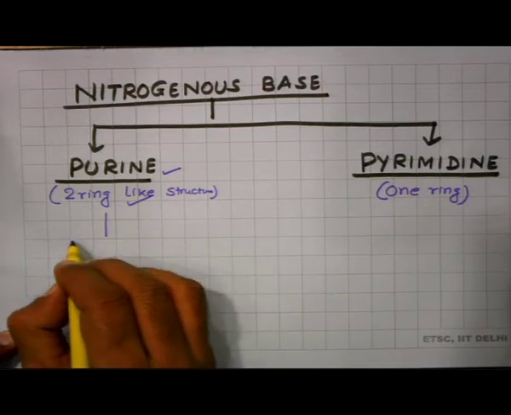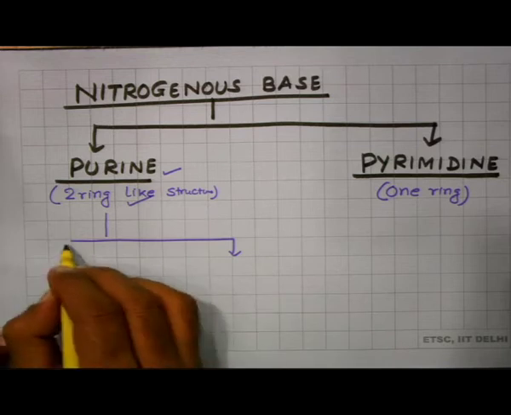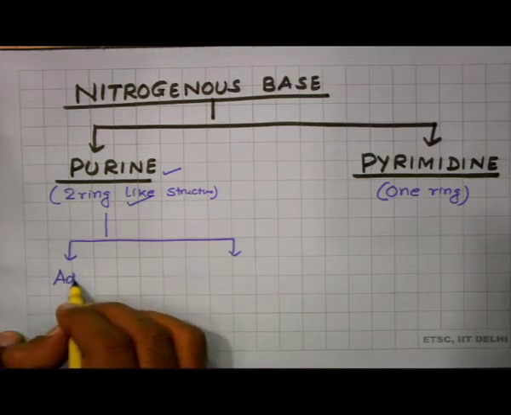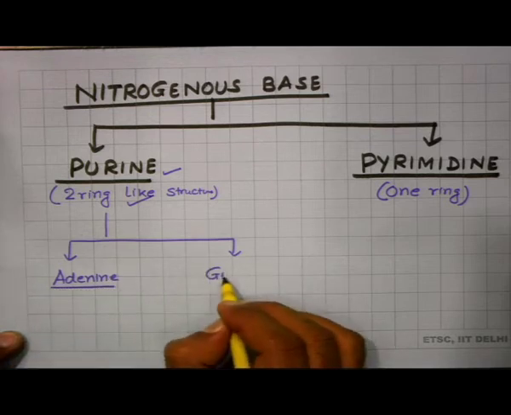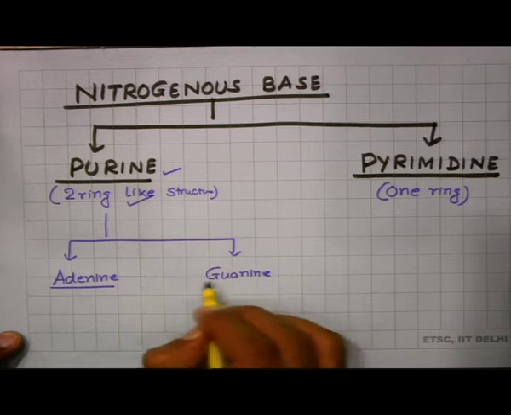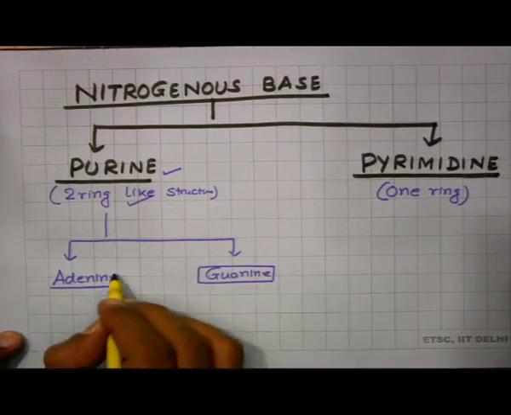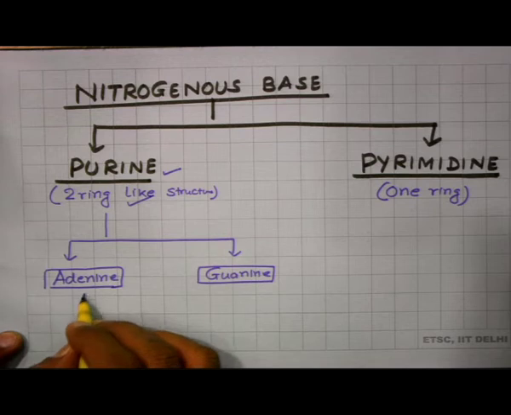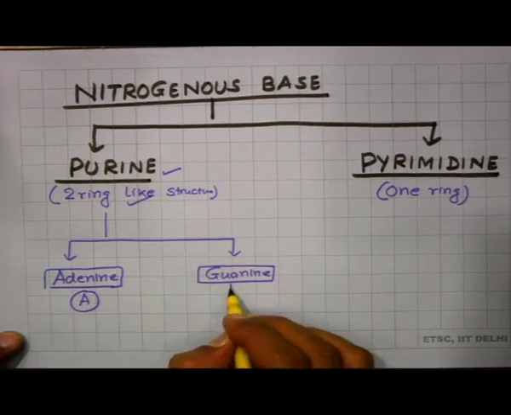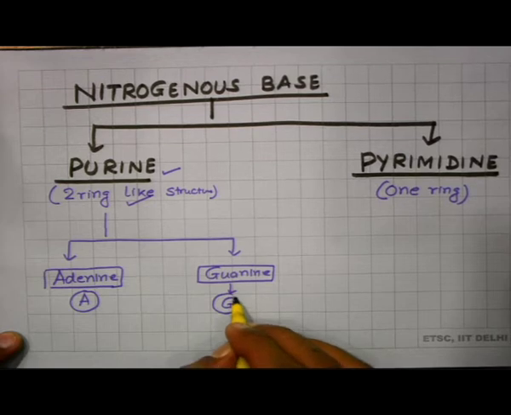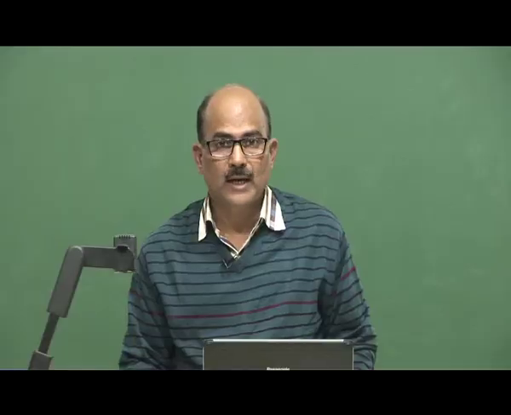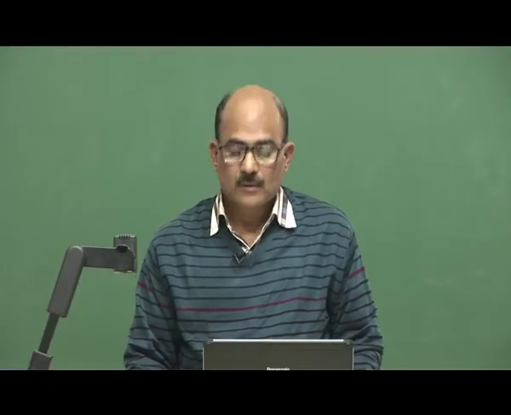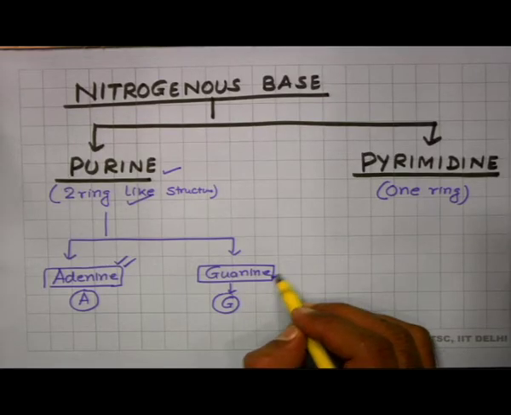The examples of purine are adenine and second one guanine. Adenine can be abbreviated by A and guanine by G. So, the purine is the chief constituent of the nucleotide, and there are two examples of purine, adenine and guanine.